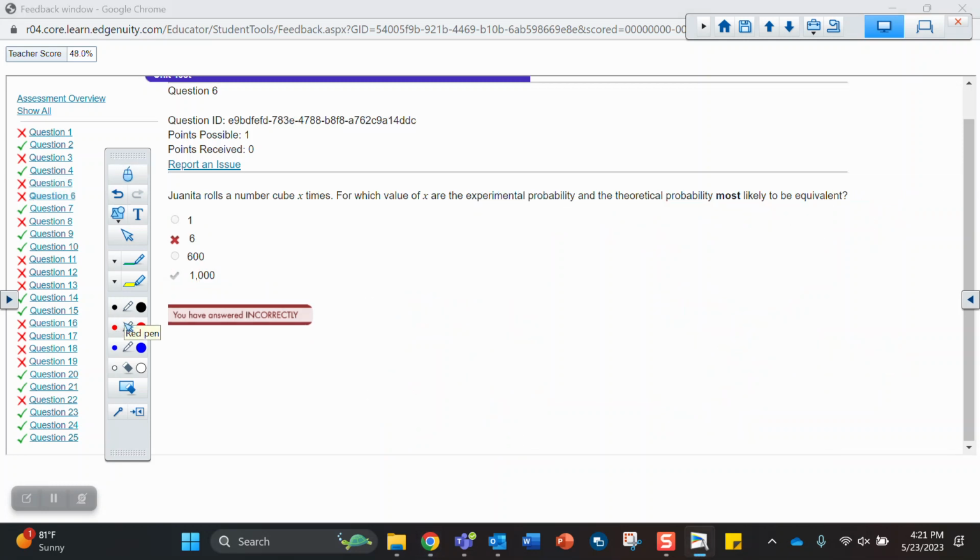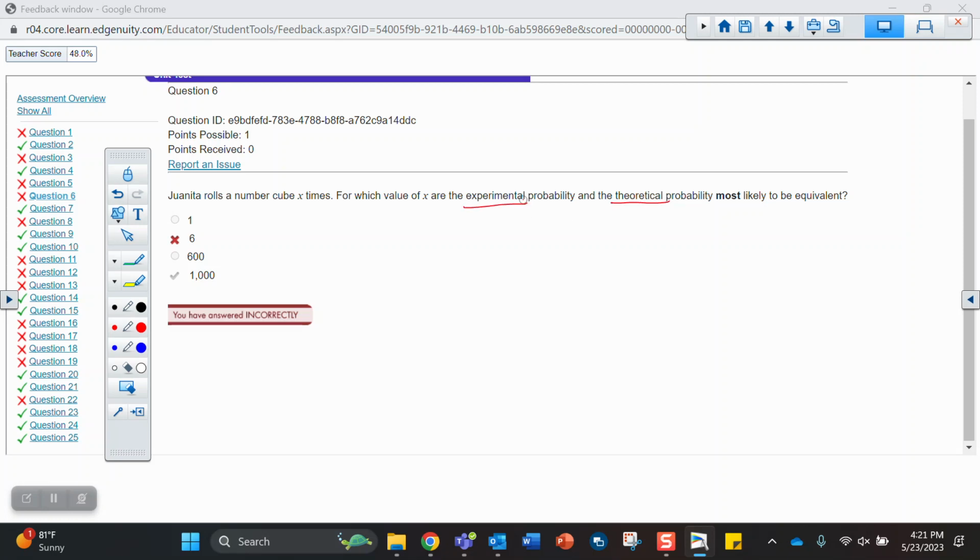Juanita rolls a number cube x times. For which value of x are the experimental and theoretical probability most likely to be equivalent? So remember, from that previous video where there were several questions like this that you missed, the more times you do an experiment, the closer you get to the theoretical probability from the experimental.